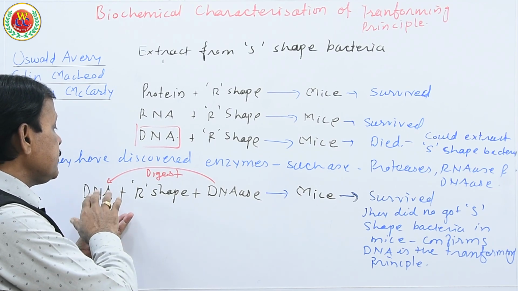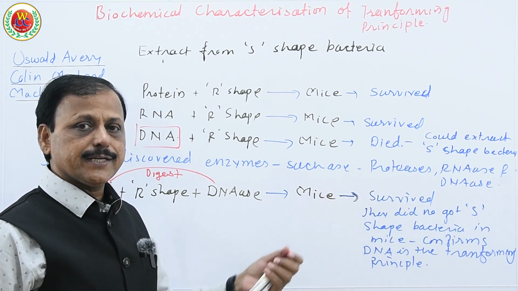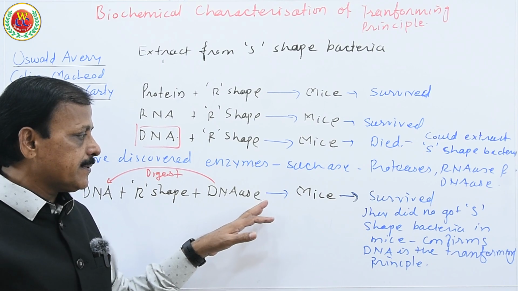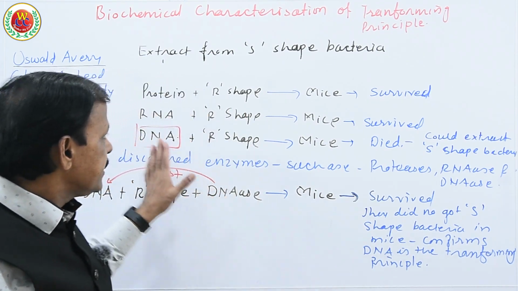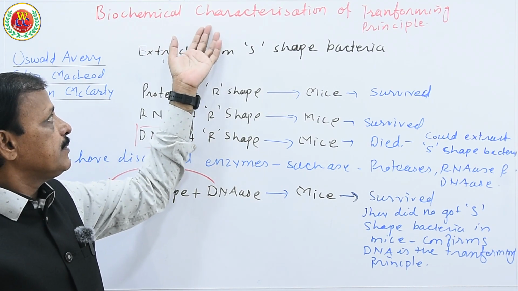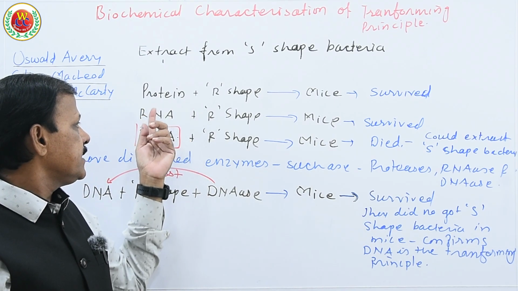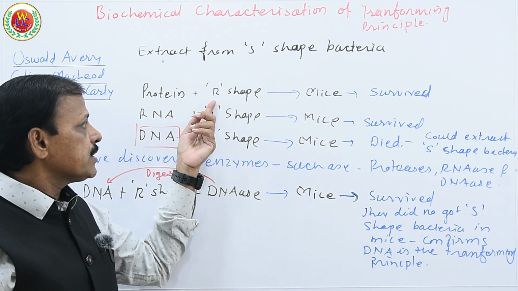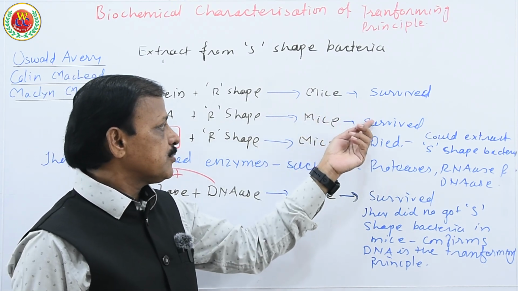But when they used DNA, R-shape and DNase, the mice survived. That means DNA is the genetic material that converts R-shape into S-shape and causes pneumonia. I hope it is clear how MacLeod, McCarty and Avery gave the biochemical characterization of the transforming principle by extracting these three components. Out of the three components, two did not convert R-shape into S-shape, and therefore there was no disease.